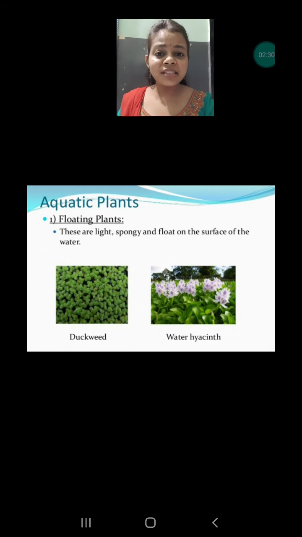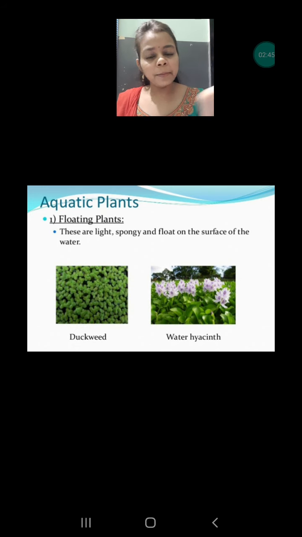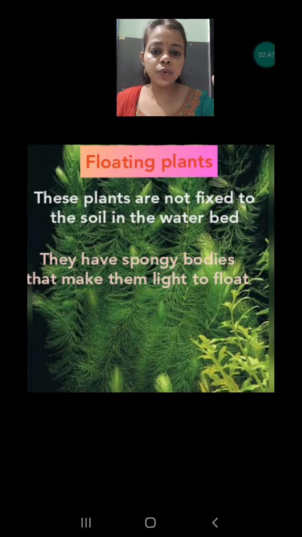If you see, there is no root, or if they have any, it is very small. So they don't have any root system, and if some plants do have roots, they are very small and float just below their body.